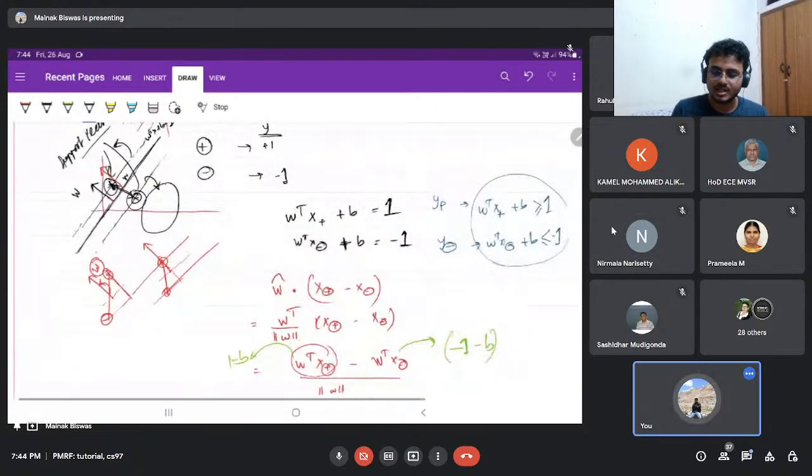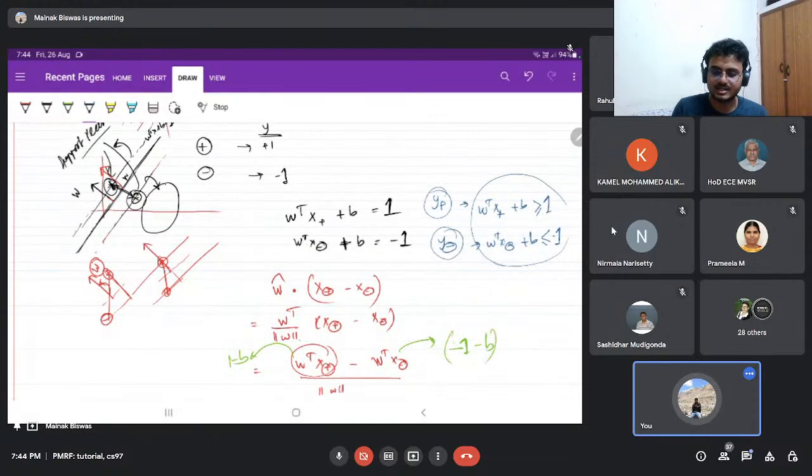What we can do is multiply by y itself. For y plus, which is 1, on both sides it becomes w transpose x plus b greater than or equal to 1.